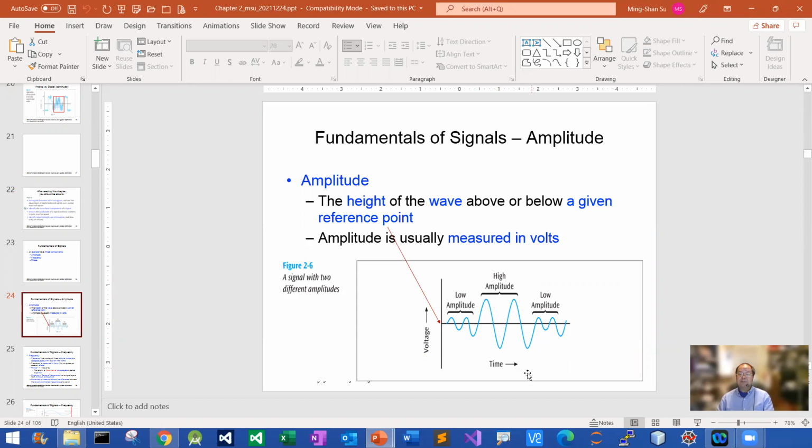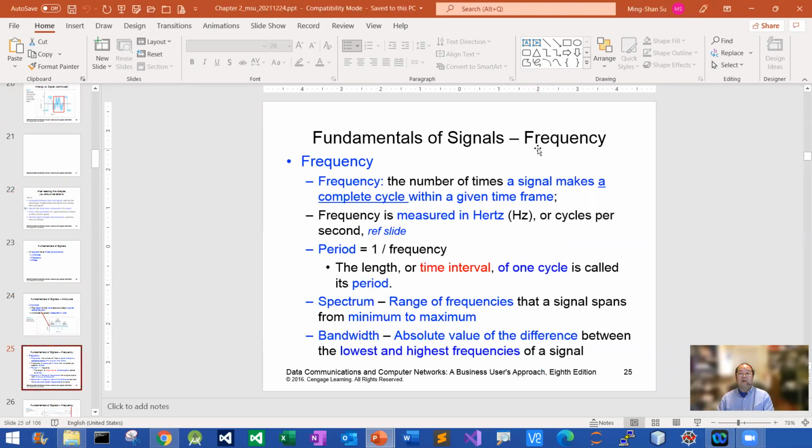Then you go back to the low amplitude according to this sine form.